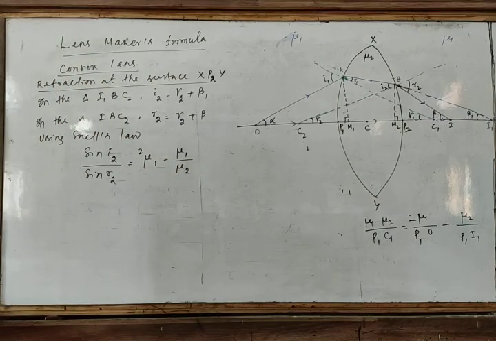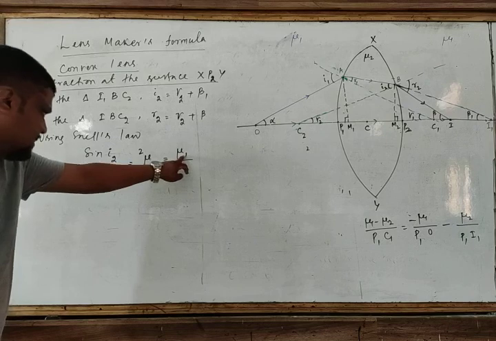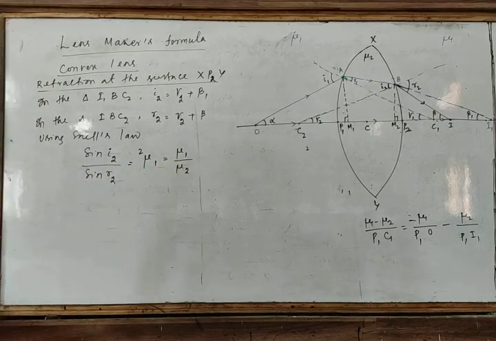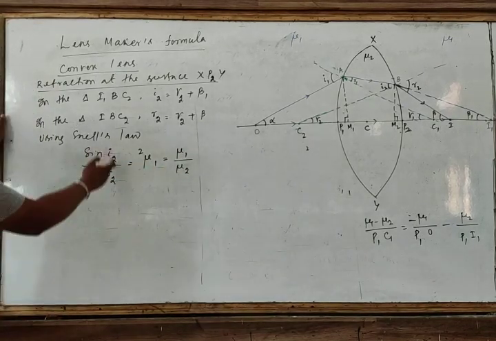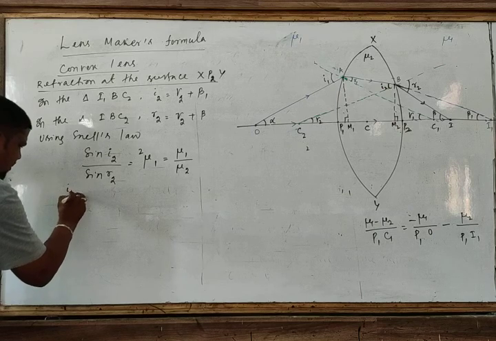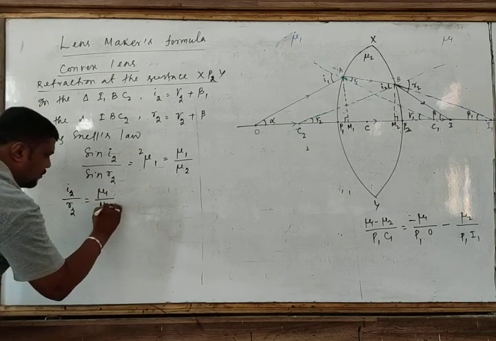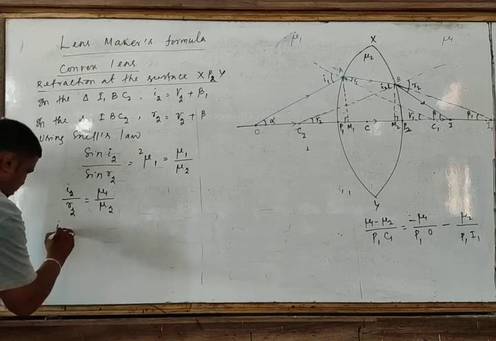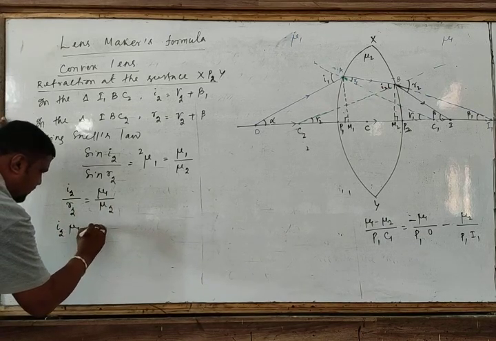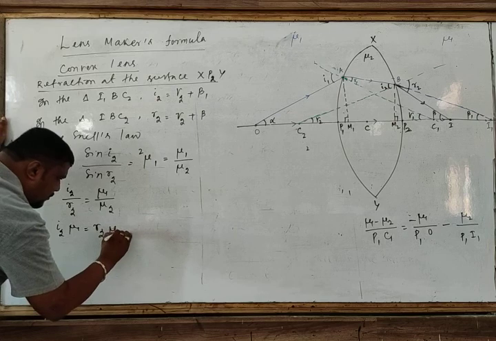For small angles of I2 and R2, I2 by R2 is equal to mu 1 by mu 2. Put that: I2 mu 2 is equal to R2 mu 1.